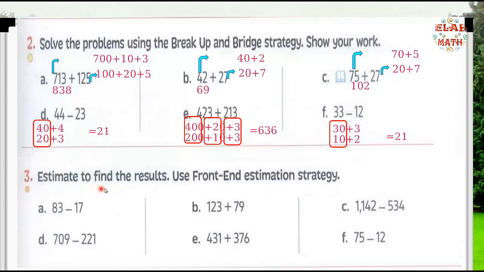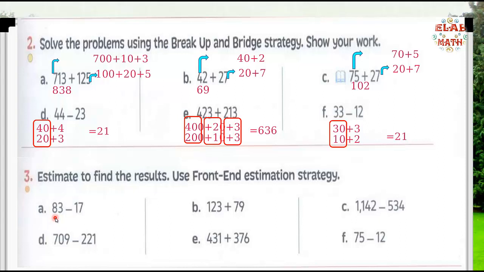Number 3, estimate to find the results. Use front-end estimation strategy. To use front-end estimation, we said you should leave the first number without a change and write zeros instead of the digits after the number in highest place. I have in highest place 8.